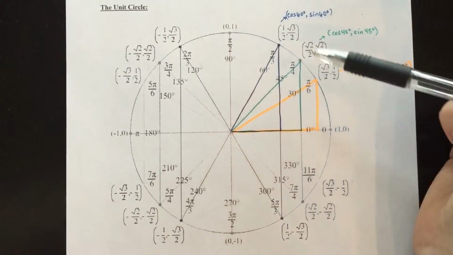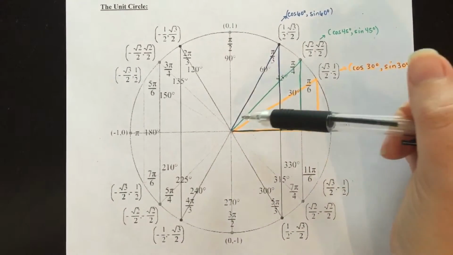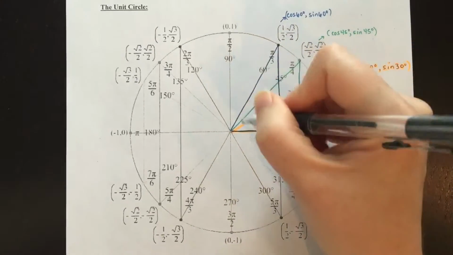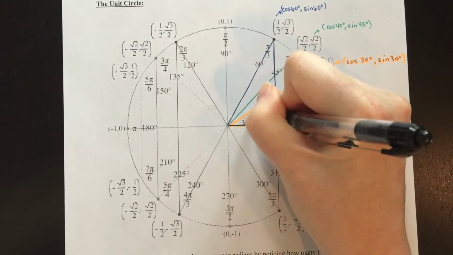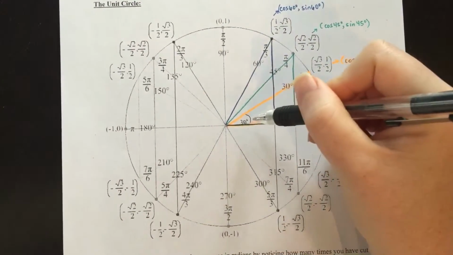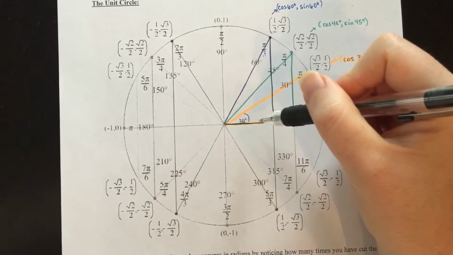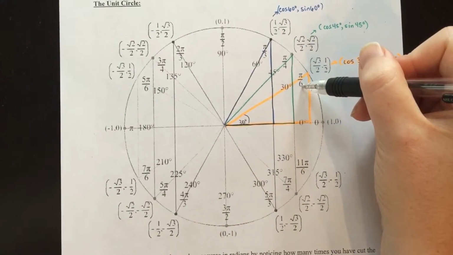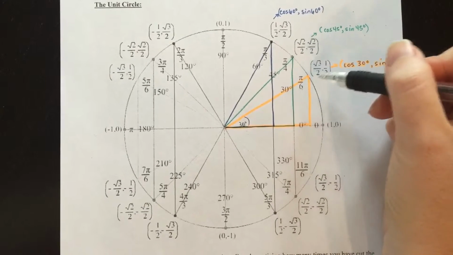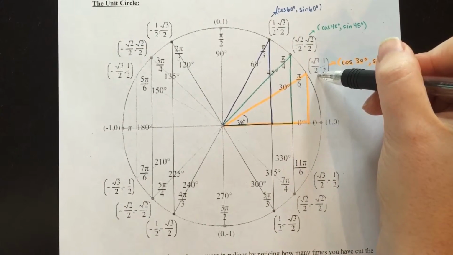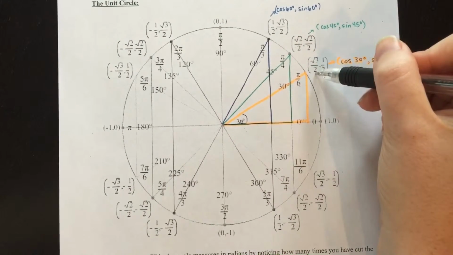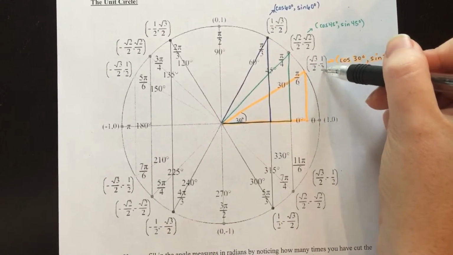And so in this first quadrant are 3 of our reference triangles. First, if I let this angle here be 30 degrees, then I have my 30-degree reference angle, and 30 degrees corresponds also to pi over 6 in radians. So now I know my x-coordinate is my cosine, so cosine of 30 is square root of 3 over 2, and sine of 30 is 1/2.